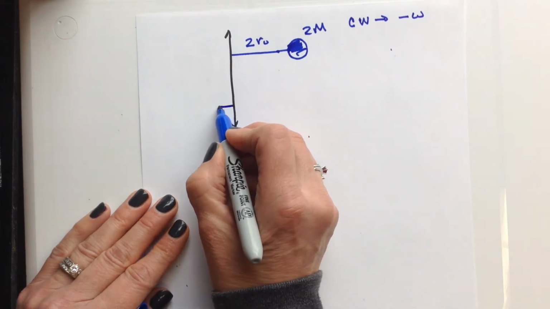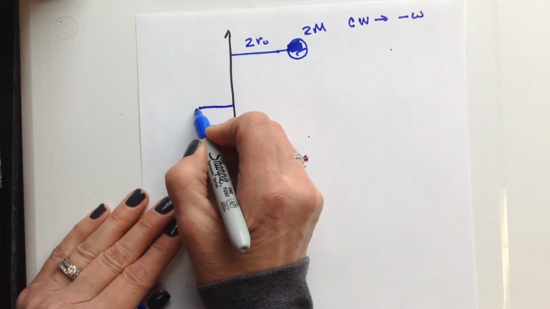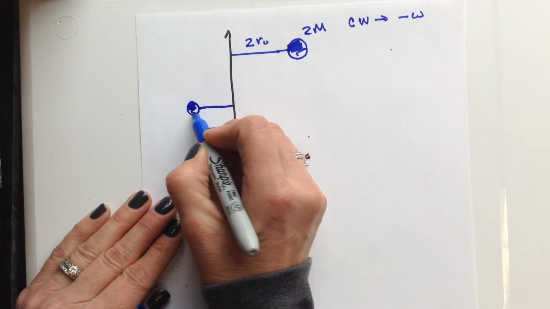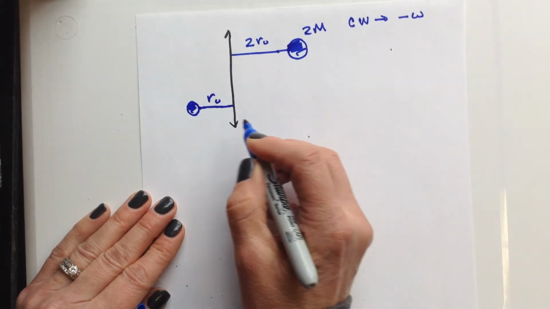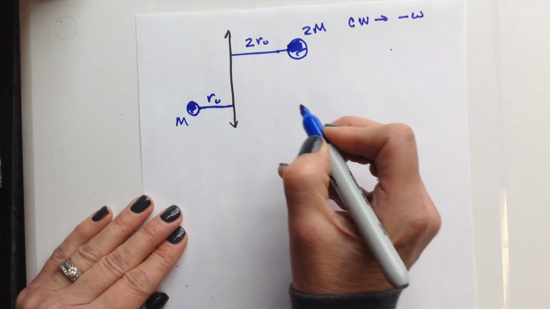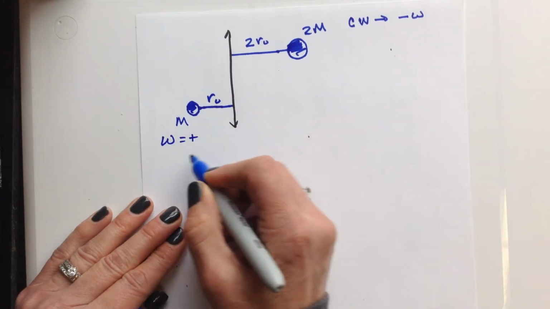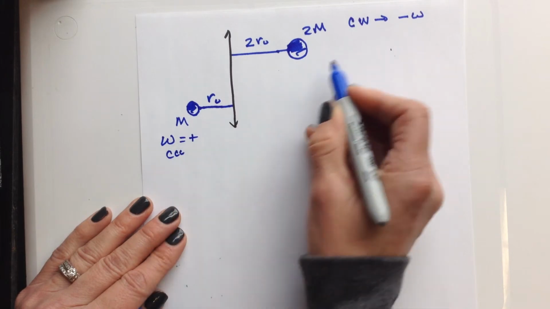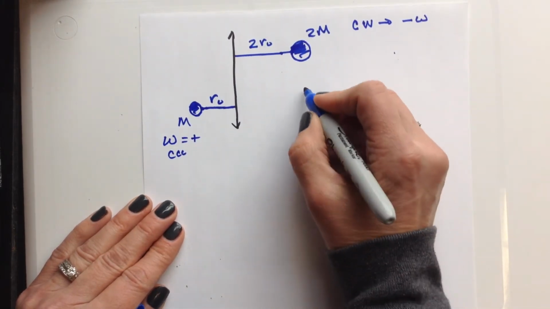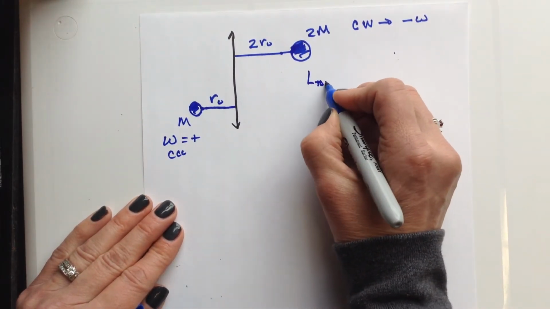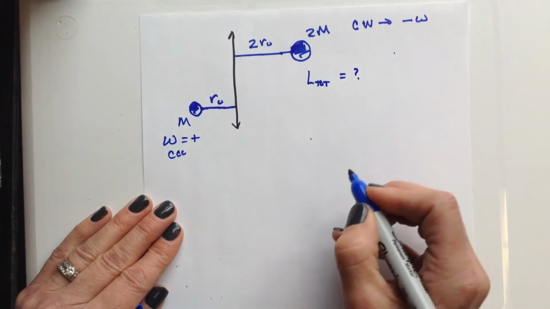And let's say we have another particle on some thin rod here, and it has a radial distance of r naught and a mass of just m, and let's say that its angular velocity is positive or counterclockwise, and these two are equal in magnitude. So I want to determine the total angular momentum of my system.